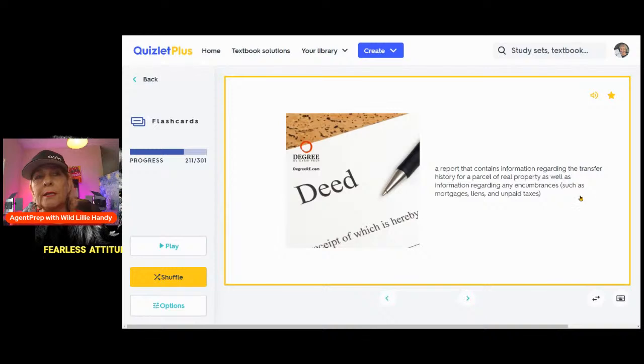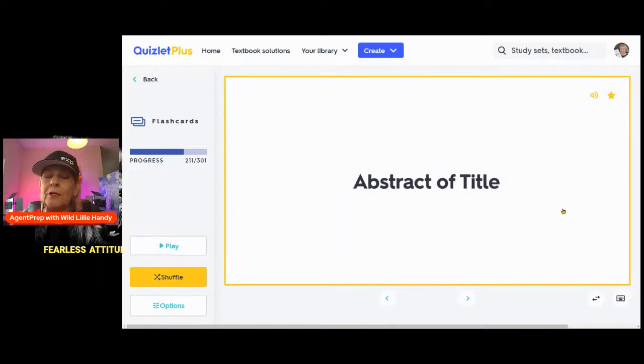Okay, so it's called a title commitment. Once a contract is submitted to a title company, their attorneys or their department of title does a research on the history of the property, the ownership of the property. That is the abstract of title. Sellers have to prove that they have a free and clear title.